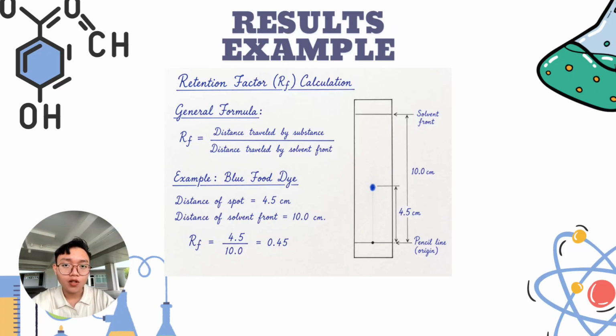This is an example of the calculation of one of the Rf values, specifically the 0.45, the first one observed or recorded in the table earlier. As you can see, the distance traveled by the solvent is below, whereas the distance traveled by substances is on top. So it is basically B over A, as shown earlier.